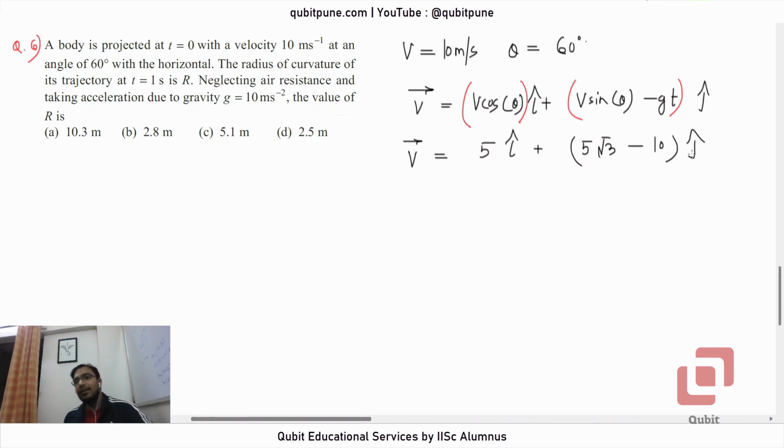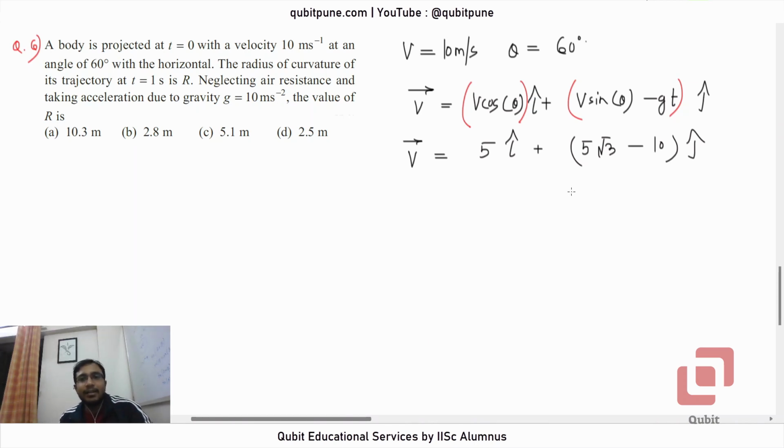Now tell me whether 5 root 3 is greater or 10 is greater. Is 5 root 3 greater than 10? No, it's smaller than 10, so the y component will be negative.